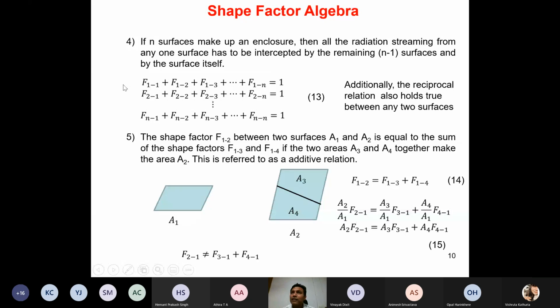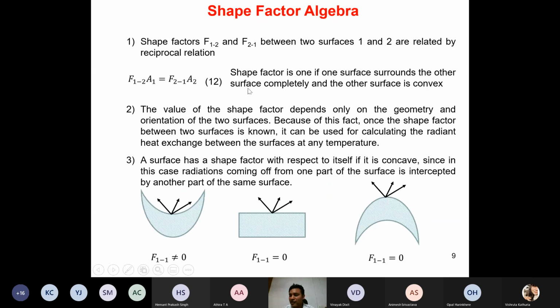A1 F12 should be equal to A2 F21. So that is the reciprocal relationship between surface 1 and 2, isn't it? So in addition to equation number 13, the usual reciprocal relations which we have seen in equation number 12 are also valid.